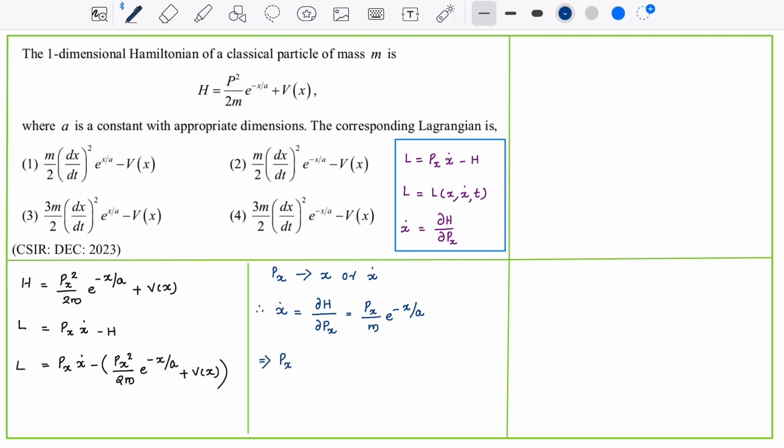From that equation, we can write p_x is equal to m x dot e raised to x by a. This is the relation connecting p_x and x dot.